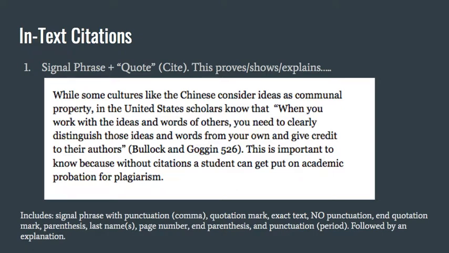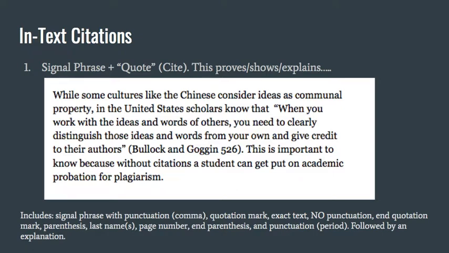So, Bullock and Goggin, I don't know their first names off the top of my head, in their text, the Norton Field Guide for Reading and Writing, talk about, and then I introduce the quote. It gets very clunky and doesn't really do a good job of signaling how their quote or their idea relates back to my idea.